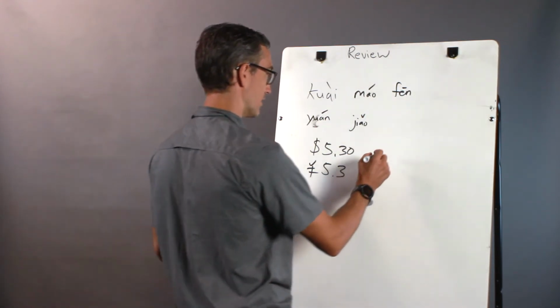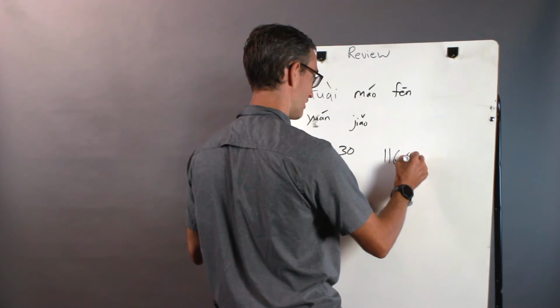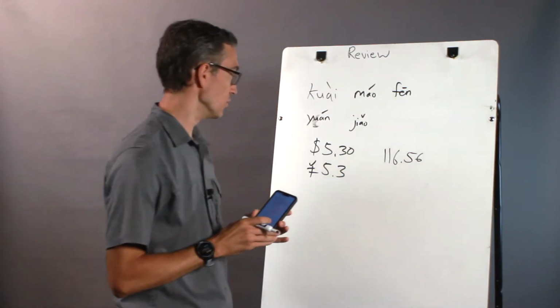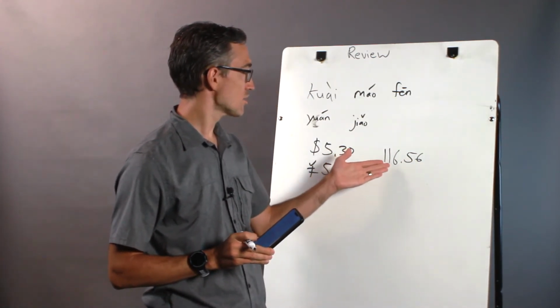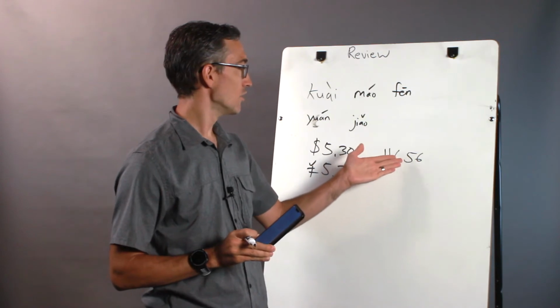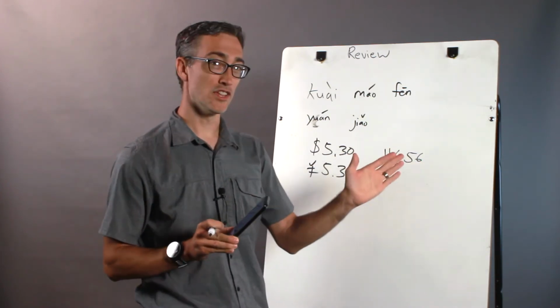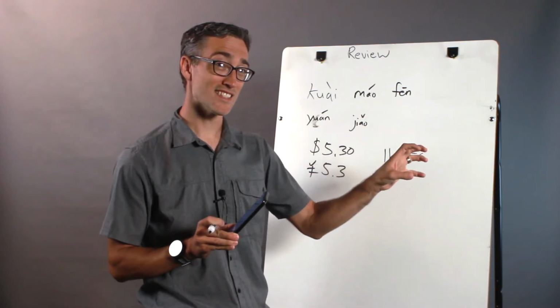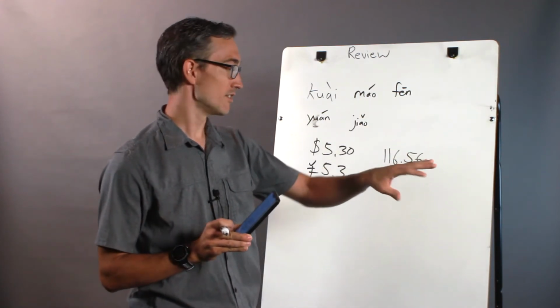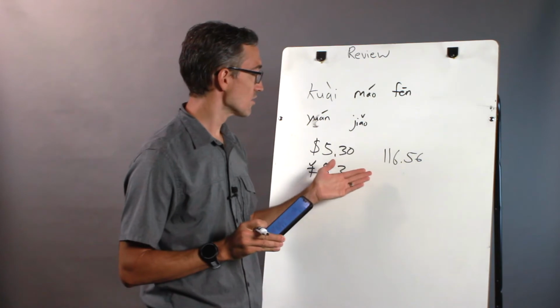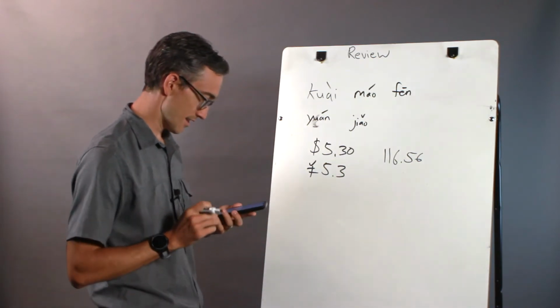Or if we want to do something a little bit more complicated, we can do this. 116块5毛6分. So for 56, I don't say the number 56, I say 5 tens, 6 fen, cents. So it's different in that sense.